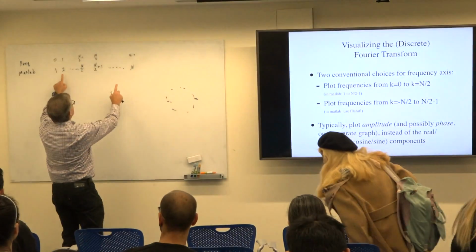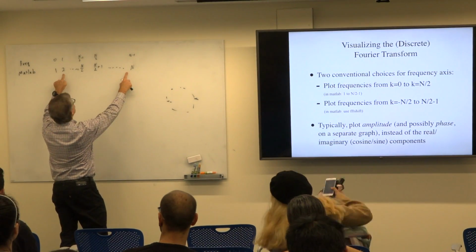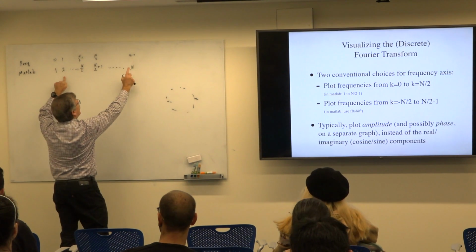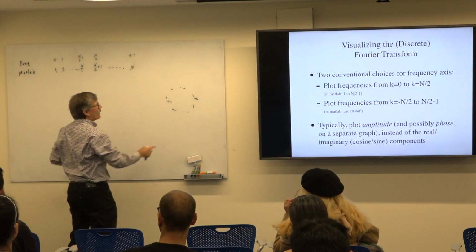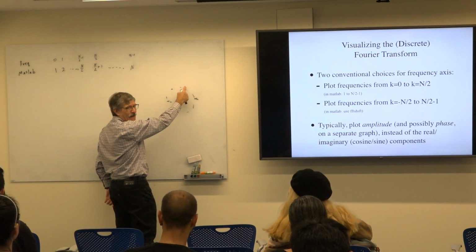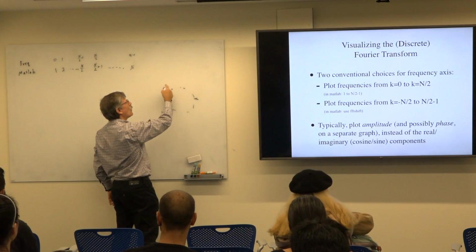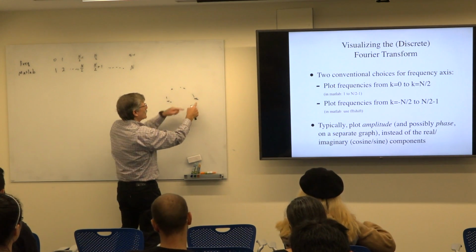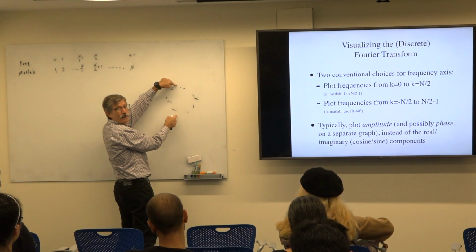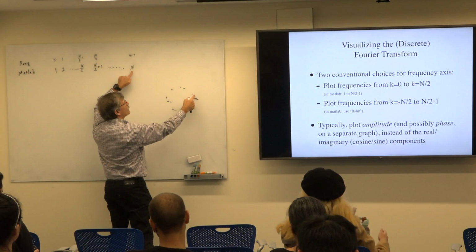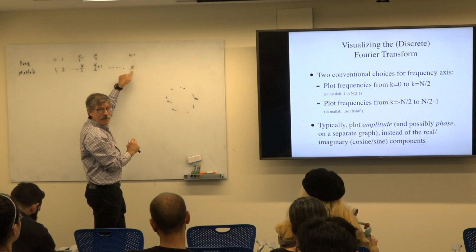Why? Because let's take the first one, which is position 2, frequency 1, or position n, meaning frequency n minus 1. Frequency 1 means on the circle you go to the next guy, then you go to the next guy. Frequency n minus 1 means you go all the way around but 1, and then you go all the way around but 2, which is to say these guys are frequencies in opposite directions. You can think of this one as frequency 1, and this one as frequency negative 1, so you get the same exact answer.